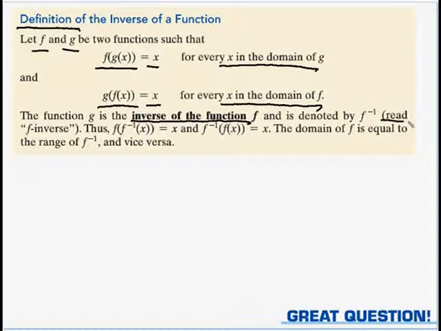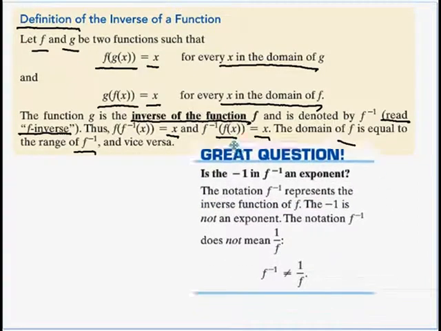And we read that out loud as the words f inverse. It's not f to the negative 1 power. Thus, f of f inverse of x equals x, and f inverse of f of x is equal to x. The domain of f is equal to the range of the inverse and vice versa.